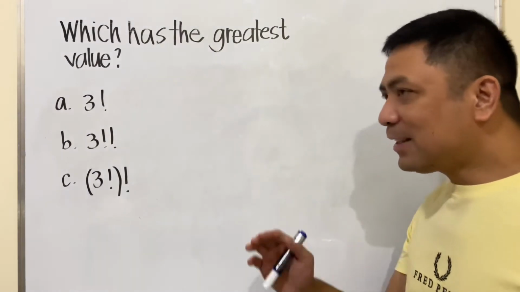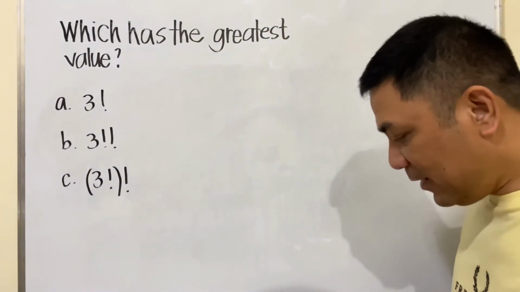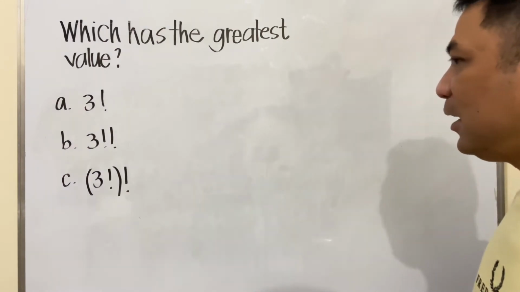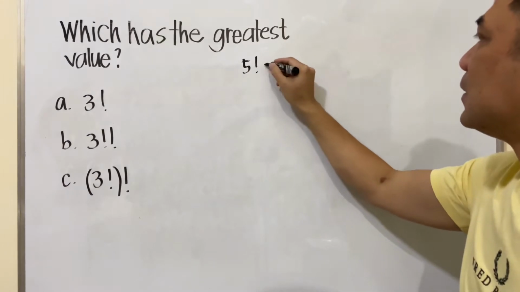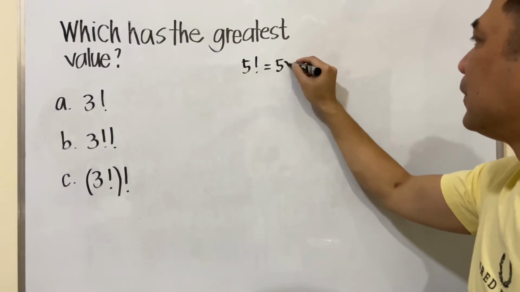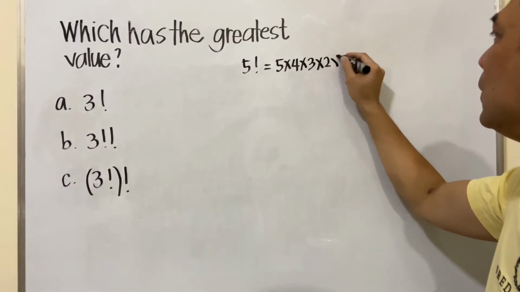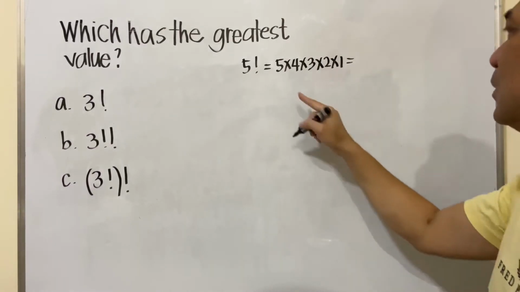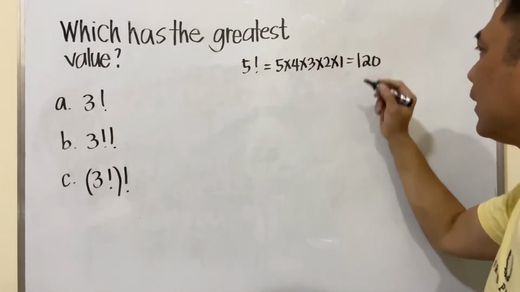But before that, let's have a quick review of our factorial. I'll have an example here. Say you have 5 factorial. This is equal to 5 times 4 times 3 times 2 times 1. So that will be 20, 60, 120, right?